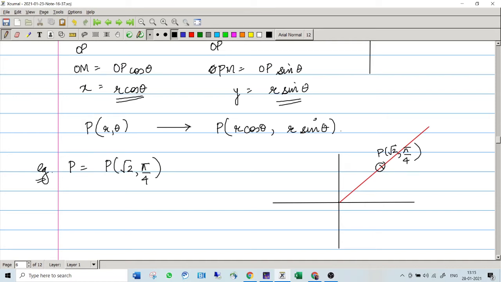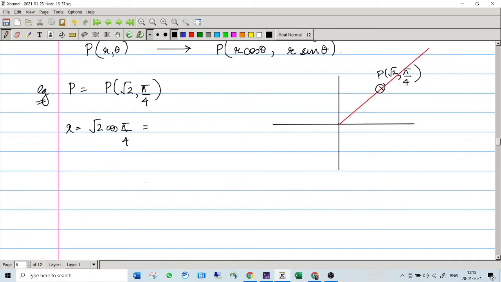You want to evaluate the Cartesian coordinates of this point root 2 comma pi by 4, and it will be given by x equals r cos theta. Now your r is root 2 and theta is pi by 4, so it will be root 2 cos pi by 4, which is precisely 1. Similarly, y will be root 2 sine pi by 4, which is precisely 1 again.